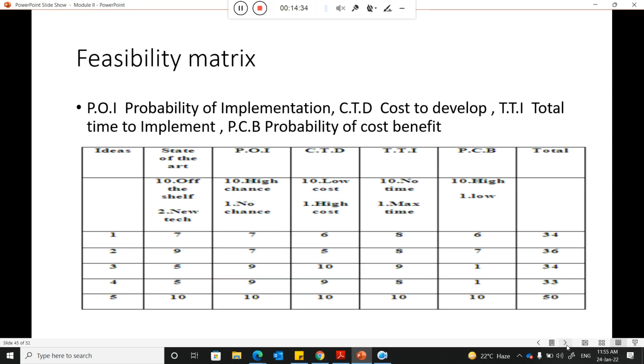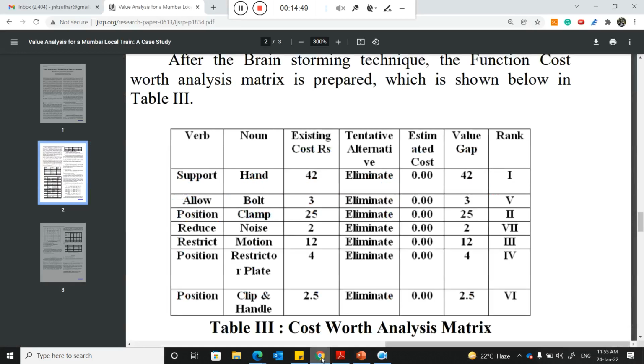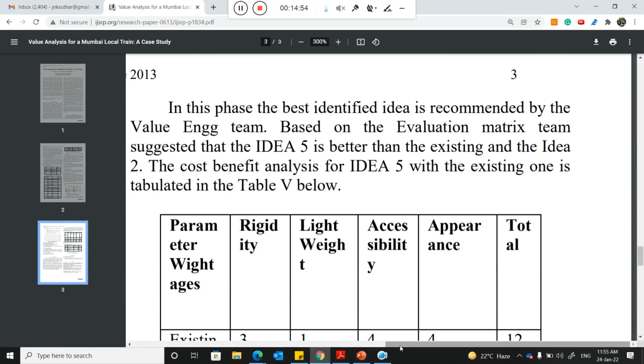So the next one is the feasibility matrix. It shows the probability of implementation. Okay, again this is not a good diagram. First you did the analysis, the cost worth analysis is done. So what is the next point?